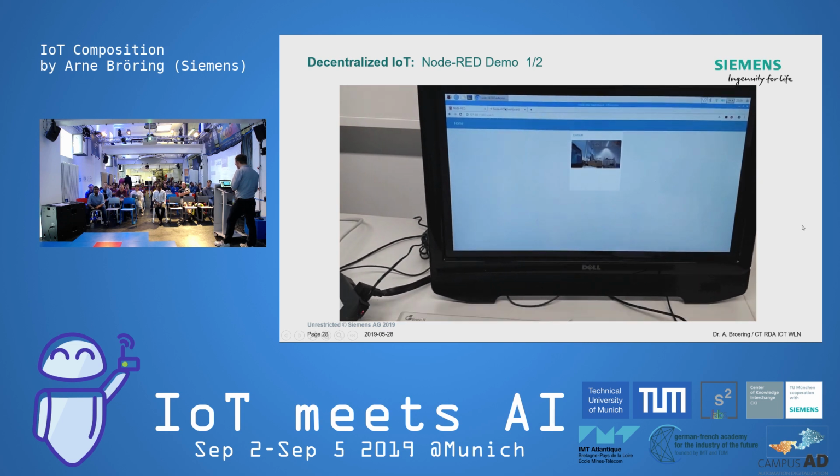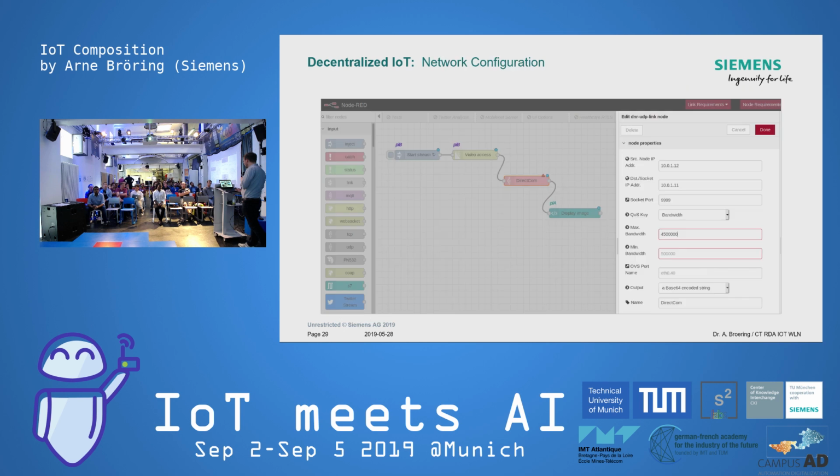What this is supposed to show you is essentially that we now have a distributed system between two Raspberry Pis as two edge devices, and we can control the overall application flow via one Node-RED instance and distribute the logic to different components.